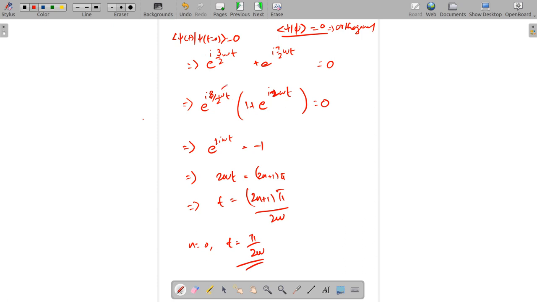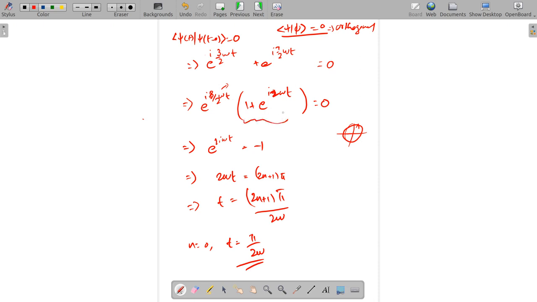So this you cannot make 0, this is never 0, because it's cos theta plus i sin theta in that form. It is always a number of modulus 1, like a unit circle. It always lies on that circle. Whereas this you can make 0.